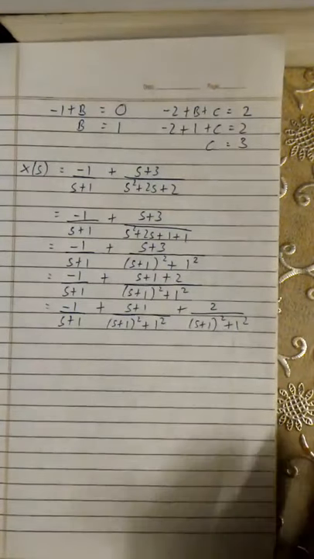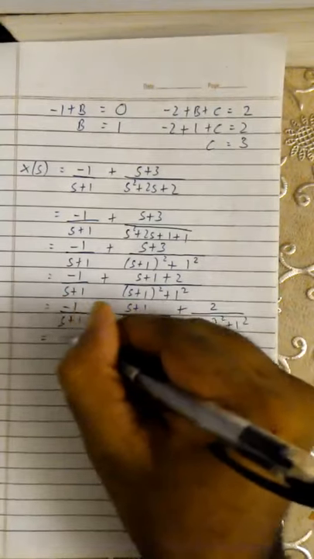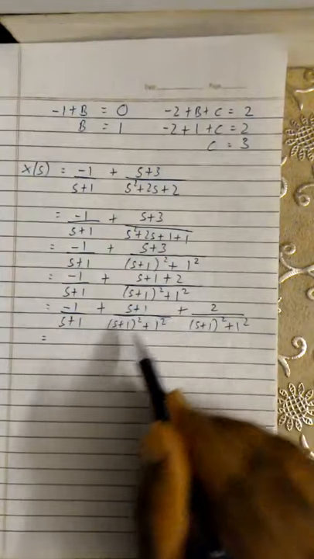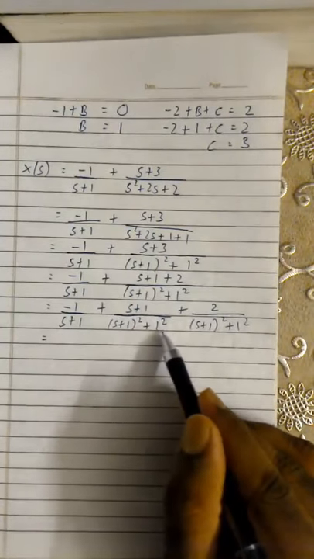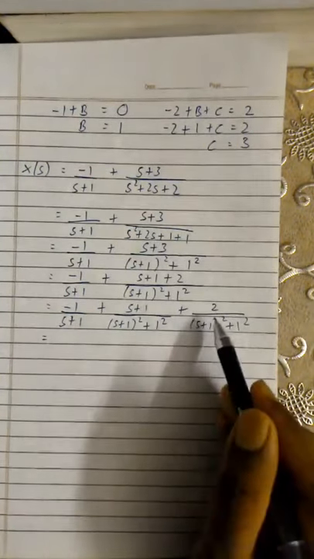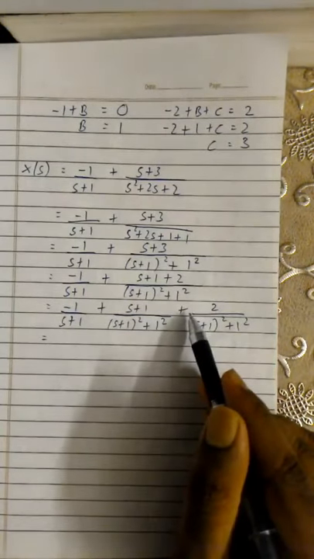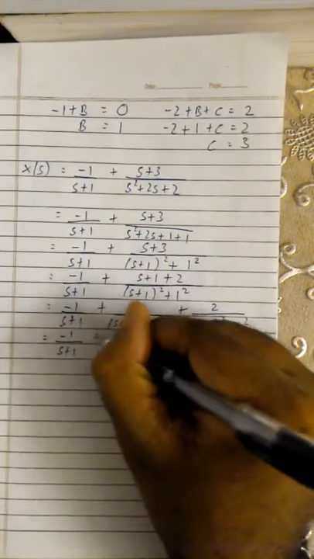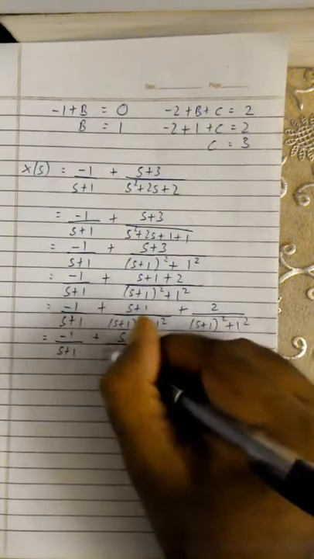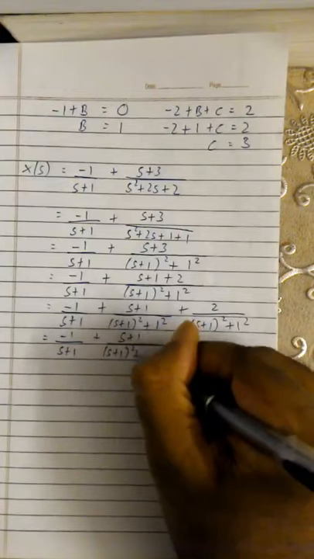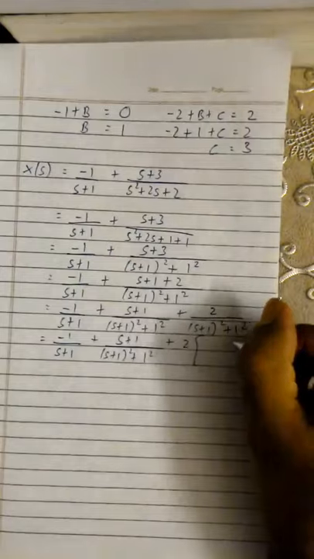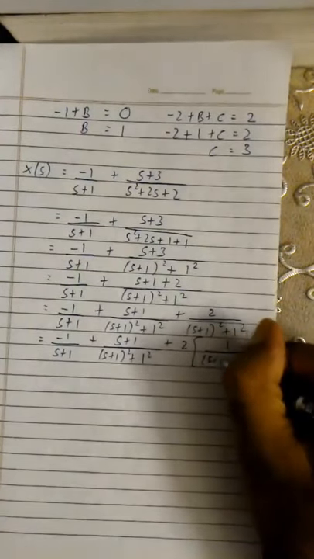So this is nothing but s plus a by s plus a the whole square plus omega 0 square, right? And here if I take 2 common out, it will become 1 by s plus 1 the whole square plus 1 the whole square.